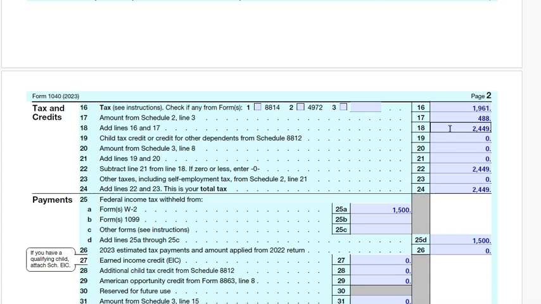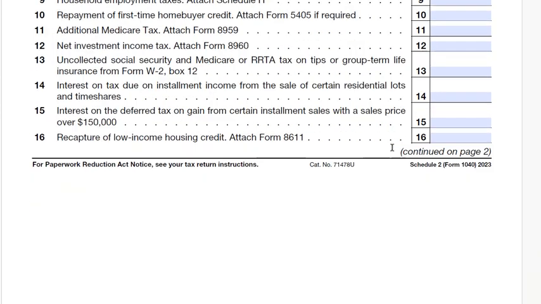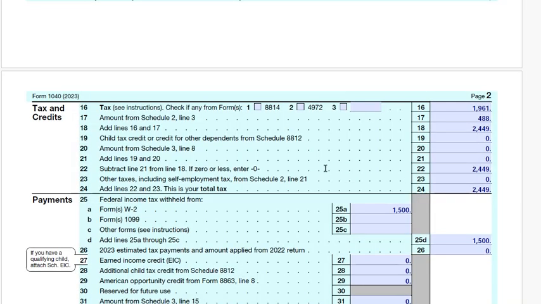So 2,449 minus 0 is 2,449. And then go back to Schedule 2, line 21, and see if there's anything there. And there's nothing on Part 2 of Schedule 2. So we have 0. And then line 24 is combine lines 22 and 23. We have 2,449. So this is the total tax.